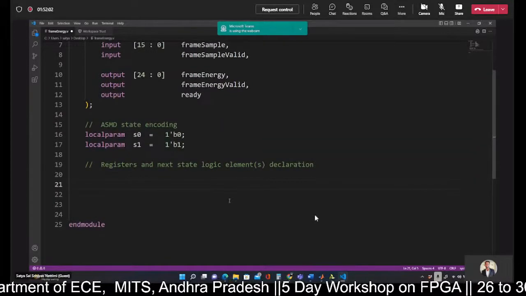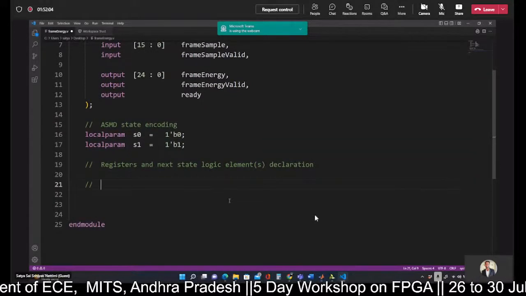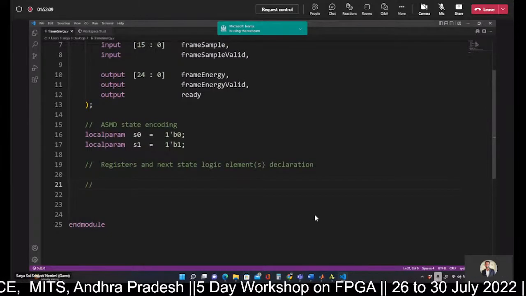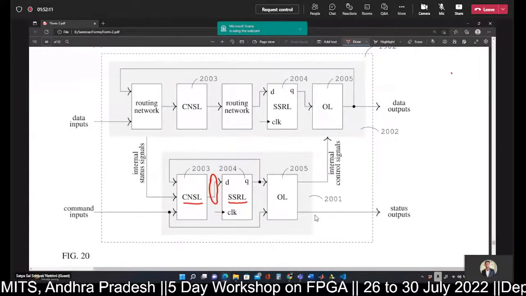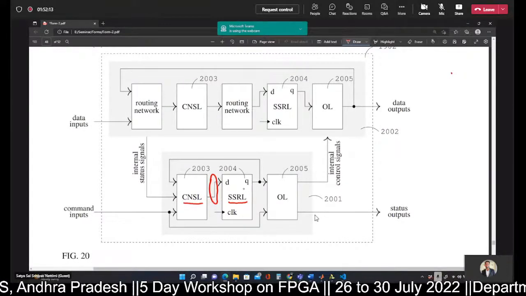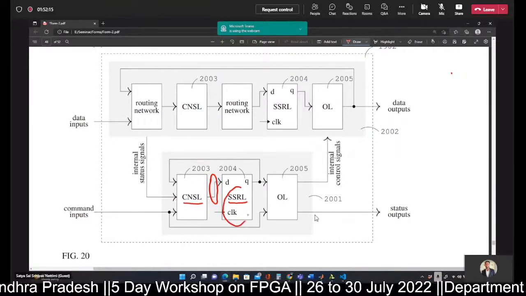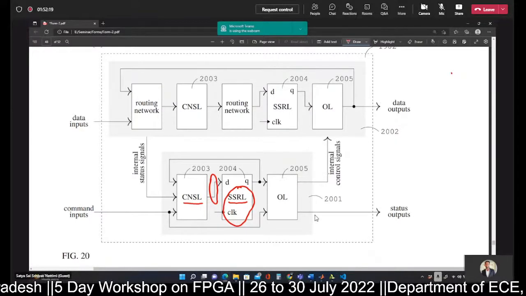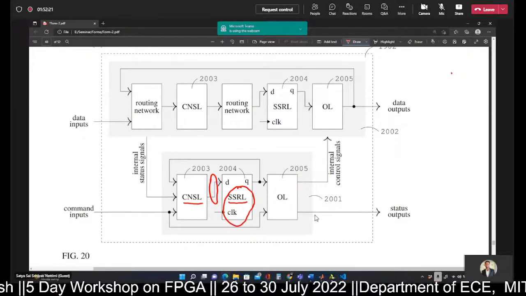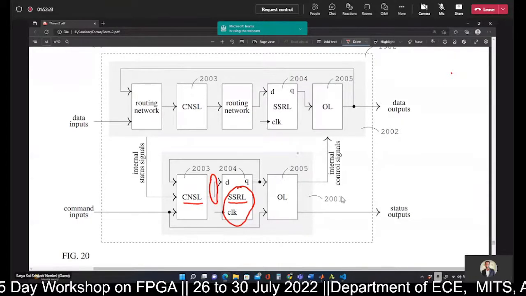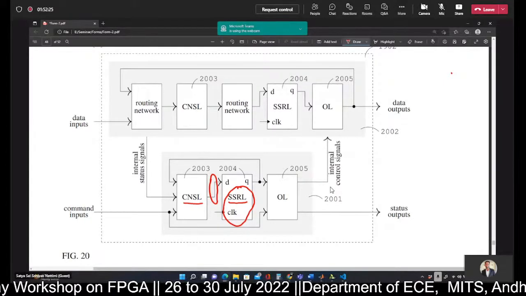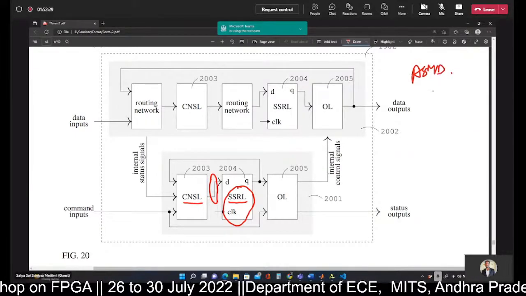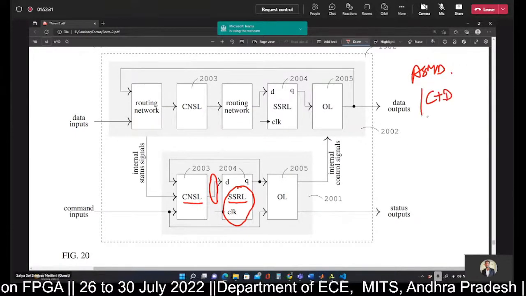After that, I'm just giving you the details of the template. In the diagram you can see we have to write descriptions for the sequential state register logic. When I'm referring to sequential state register or combinational next state or output logic, I'm referring to both the control as well as the data part. In ASMD, control and data are integrated.